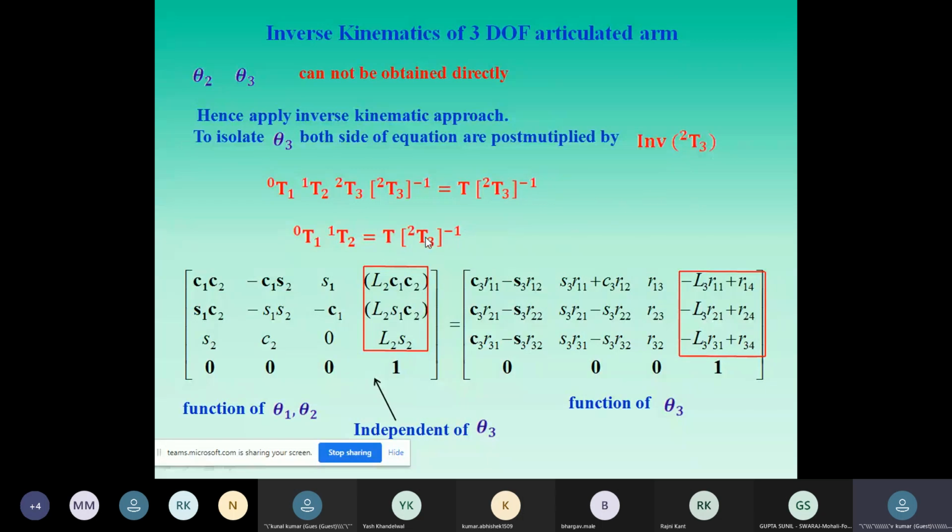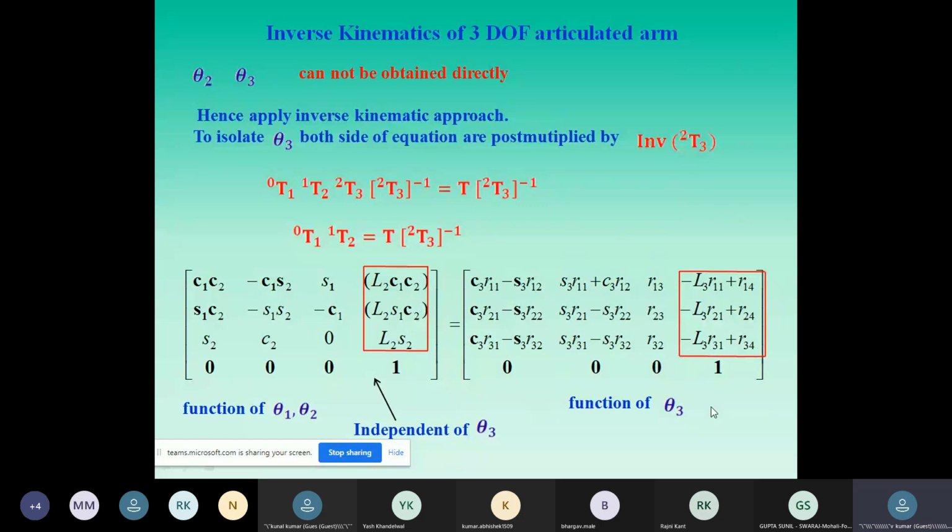2T3 is a function of theta 3 only, no? So the right side equation is a function of theta 3, and the left side is the translation part, the x, y position coordinates. The left hand side position vector is only a function of theta 1 and theta 2, because theta 3 we have multiplied out by the inverse transformation. The left hand matrix is independent of theta 3 and only a function of theta 1 and theta 2.